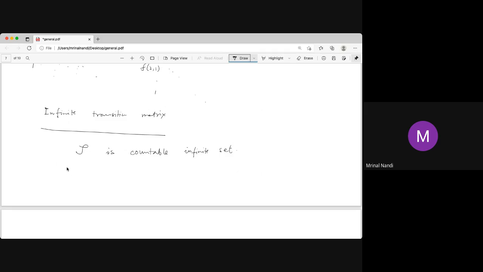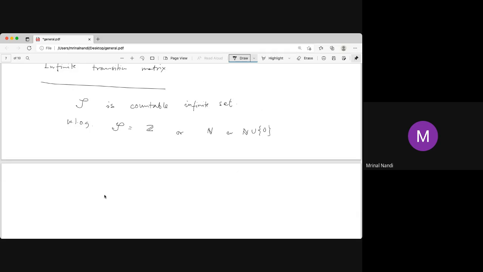So without loss of generality, we can take this state space S as Z, or maybe the natural numbers, or maybe the natural numbers union 0. That means 0, 1, dot, or maybe 1, 2, dot, or maybe 0, 1, minus 1, 2, minus 2, everything.